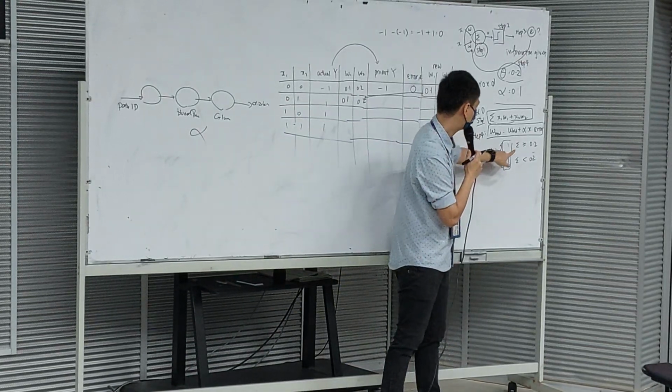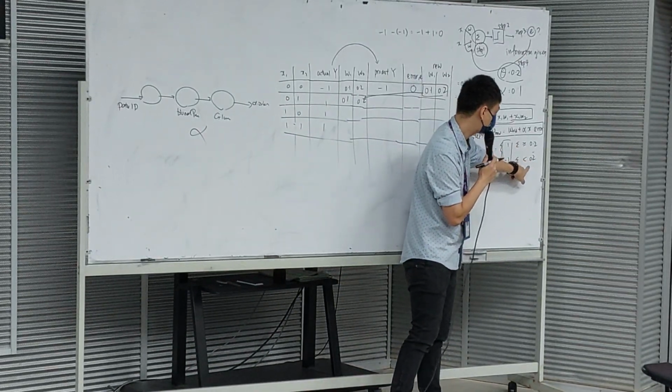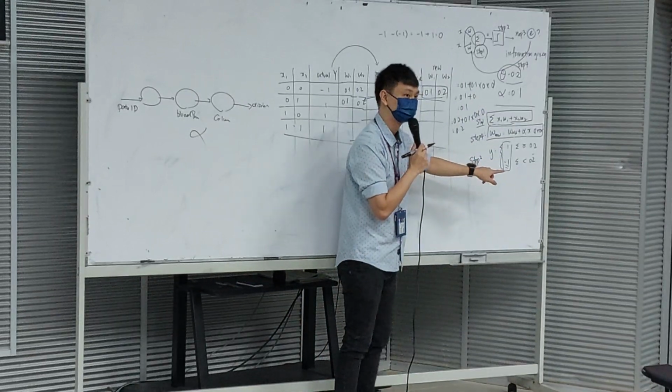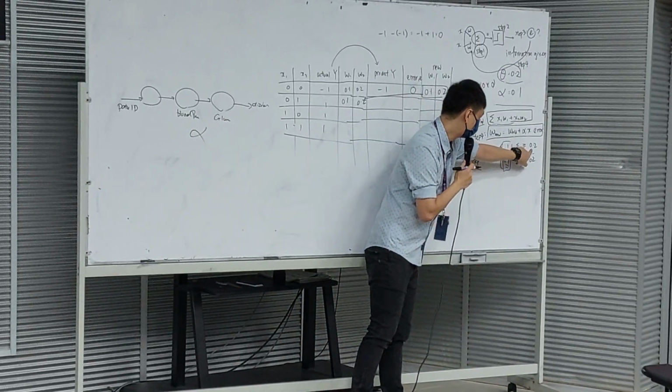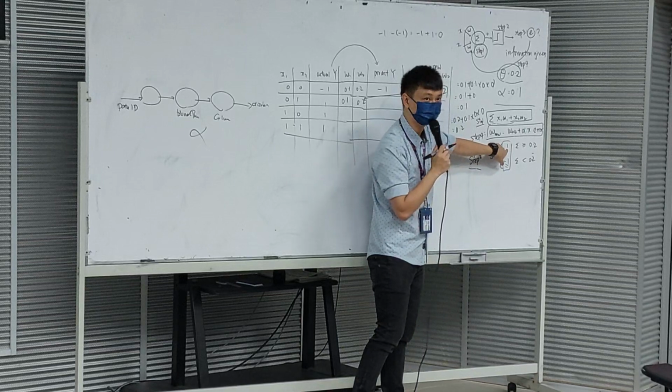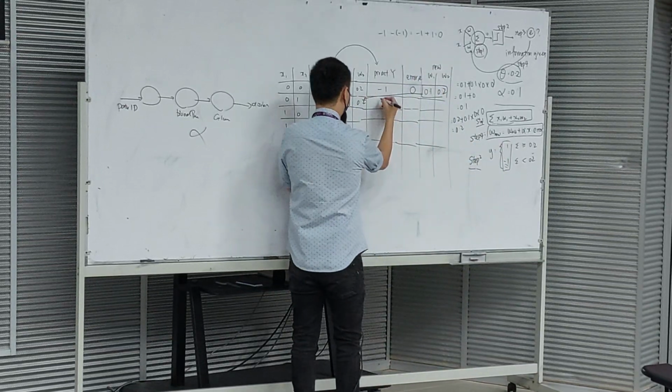Compare, go to step 2. Is it more or equal to 0.2, or less than 0.2? More or equal. If this is fulfilled, then your predicted output will be 1.